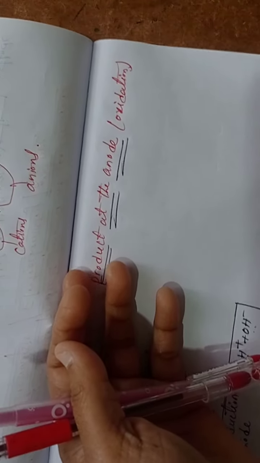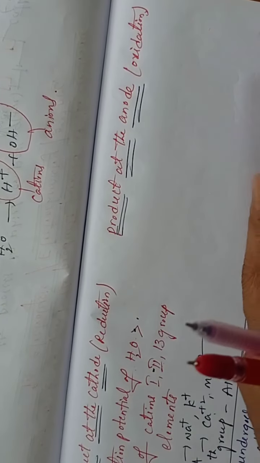Now see, students, product at the anode. Here you have to see the oxidation potential. What is the first point?